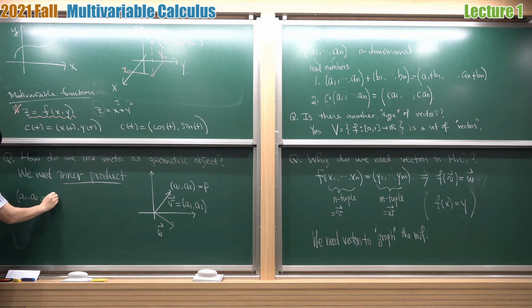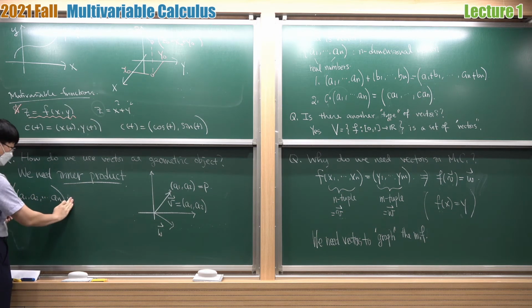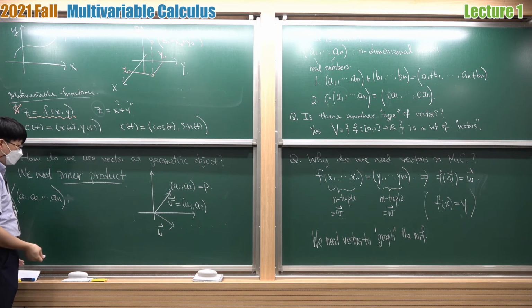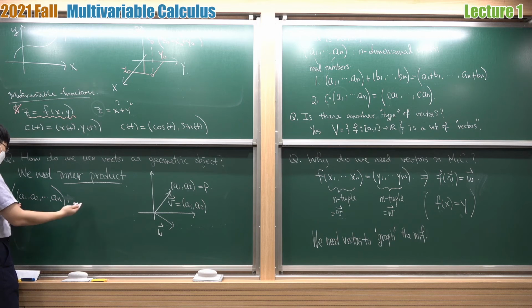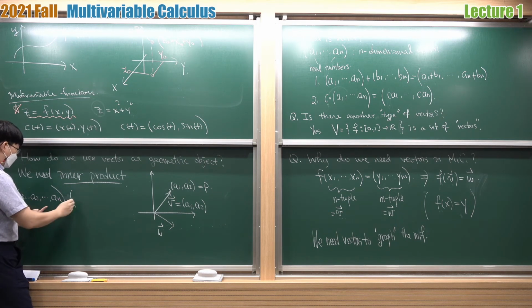Let me define the inner product on n-dimensional vectors first, and then move on to the general inner product. So we have two n-dimensional vectors.